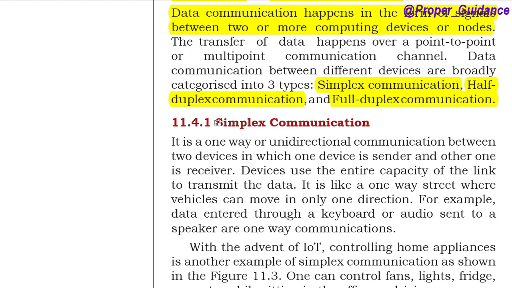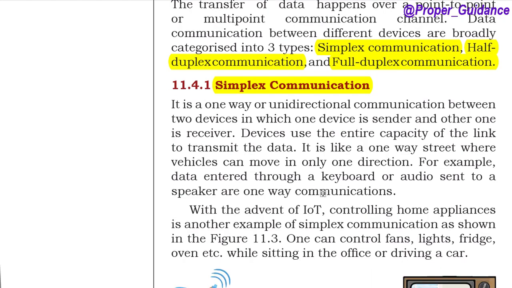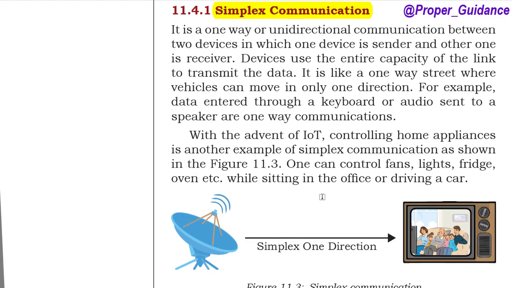The first one is simplex communication. What is simplex communication? It is a one-way or unidirectional communication between two devices in which one device is the sender and the other one is the receiver. Okay, it is one way. Devices use the entire capacity of the link to transmit the data.